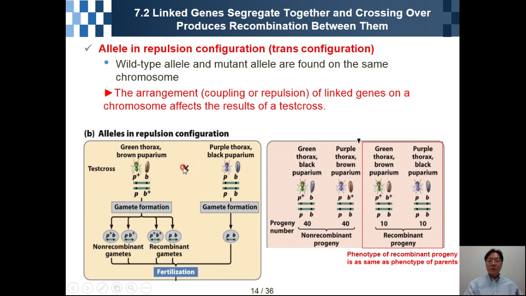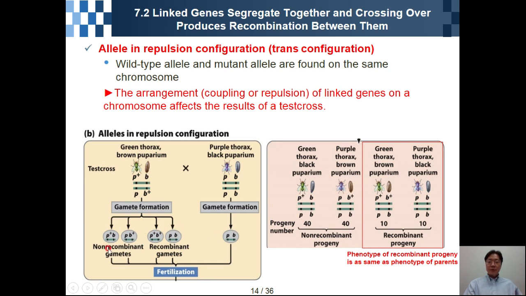When they do test crosses, during gamete formation, P plus b and p b plus are non-recombinant gametes. And P plus B plus and also p b like this are recombinant gametes.